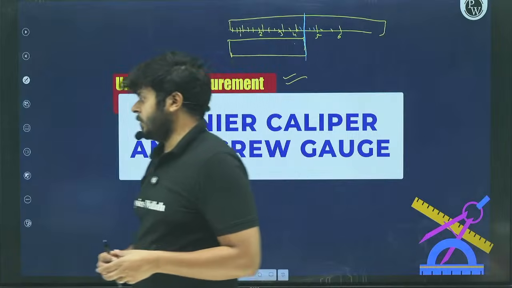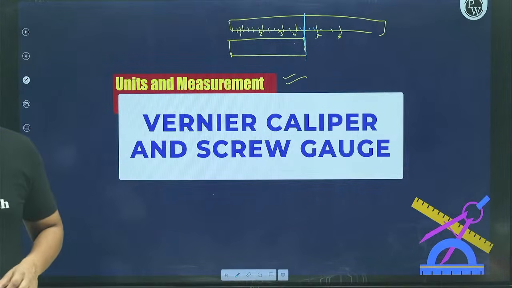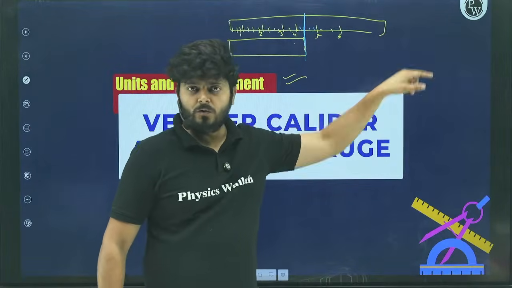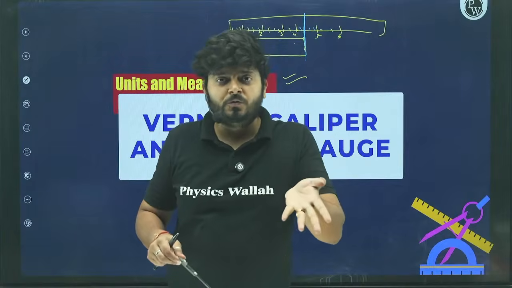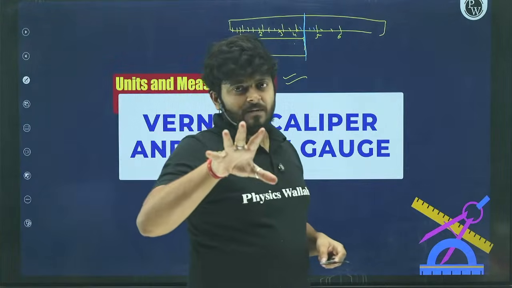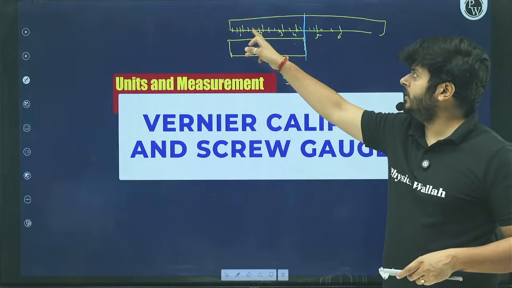So, to avoid any confusion, instead of using single scale measuring tools, we are using 2 scale measuring tools, and they address the exact same problem. We had a problem of dividing this space into even further segments.